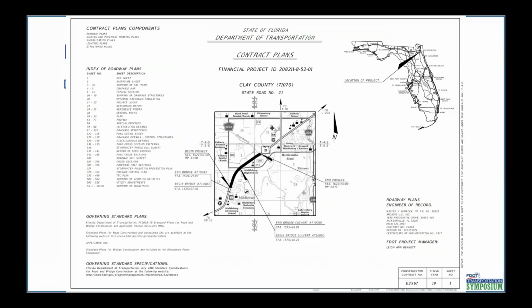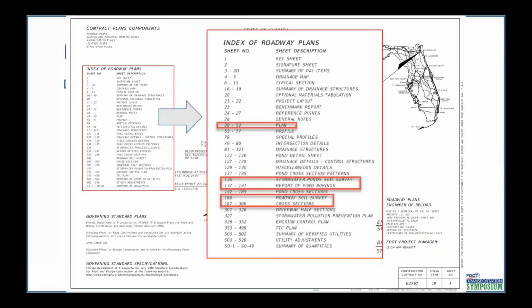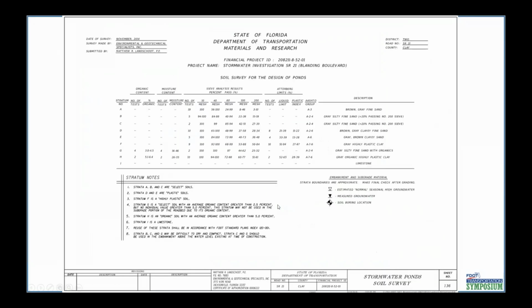And just to show you, there's a typical set of roadway plans, and this is typically where you see the geotech information get presented. Sometimes it's on plans, sometimes it's not. In this case, it actually wasn't in this plan set, but there were specific pond detail sheets and reports of the borings. There was a roadway soil survey. Even though the roadways weren't plotted on the plan, they were plotted on cross sections as per the FDM.